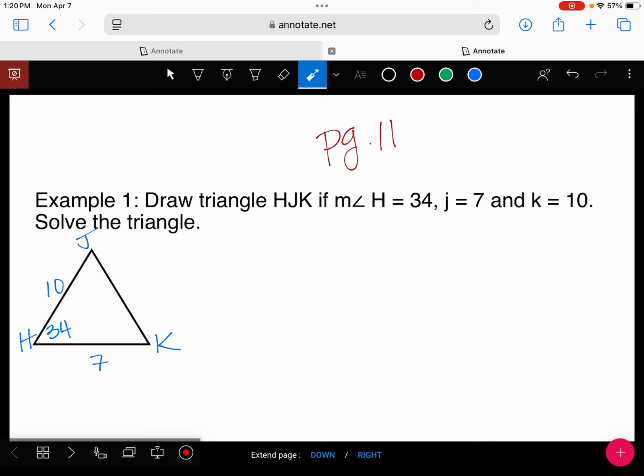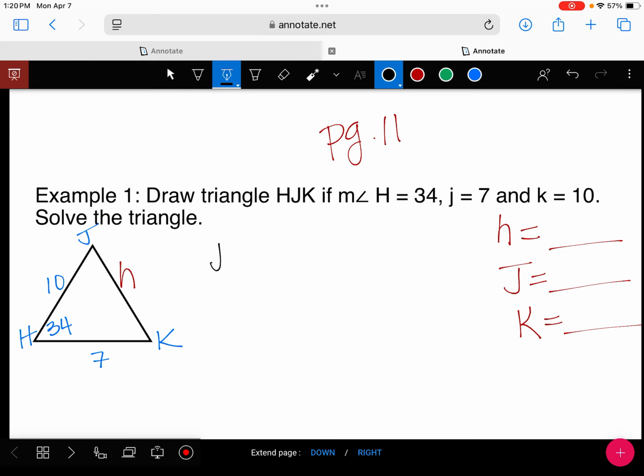Because I know big H, and that's the only angle I know, I have to start by finding little h. That's what I have to find. So I have to start with little h. When I set up the law of cosines, it will be h squared, because that's what I'm trying to find.